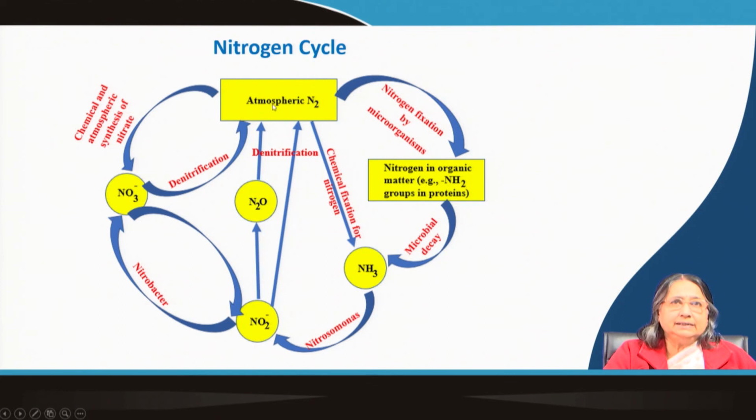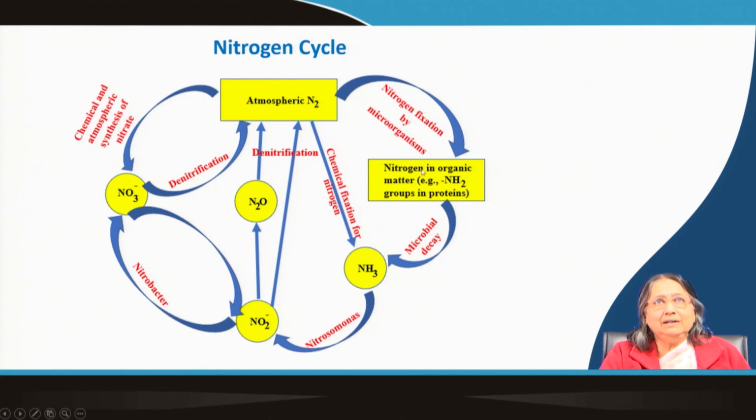You can see the atmospheric nitrogen, and then the chemical and atmospheric synthesis of nitrate, that by lightning it can happen, nitrogen and oxygen combine and then water comes, so it forms the nitrites, then the nitrate, and then denitrification can happen to again produce some atmospheric nitrogen.